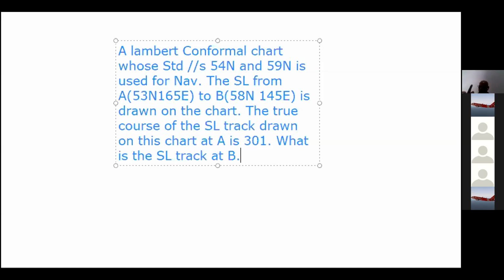When they give you little n, or the constant of the cone, there's no need for you to calculate the parallel of origin. Even if you calculate it and don't use it, it's just a waste of time. That's all. Are you understanding?